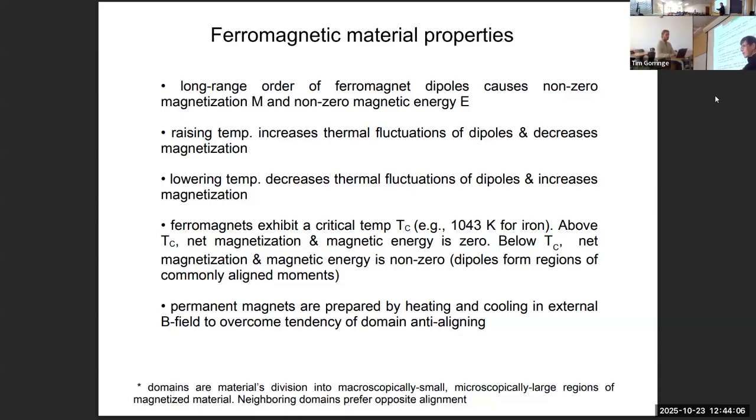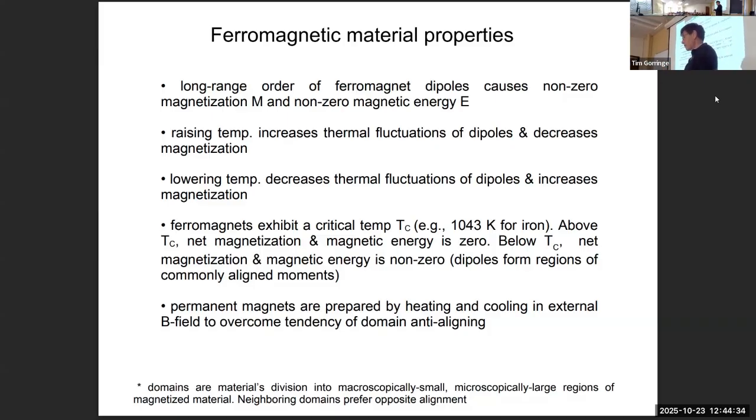In detail, the magnetization of a material is a magnetization in domains of the material, or regions of the material. So if you were to peer into a magnet, you would see these different regions, these different domains. The regions or domains are macroscopically small, but microscopically large.